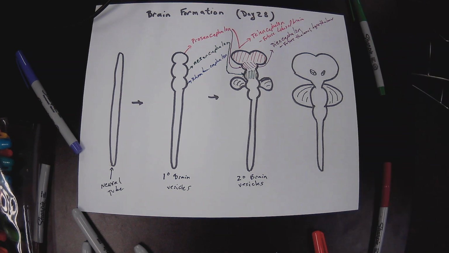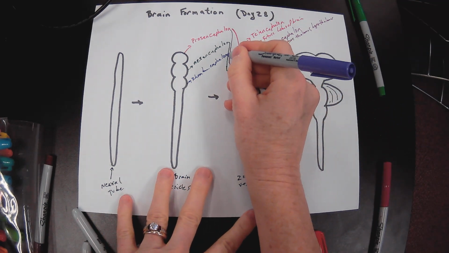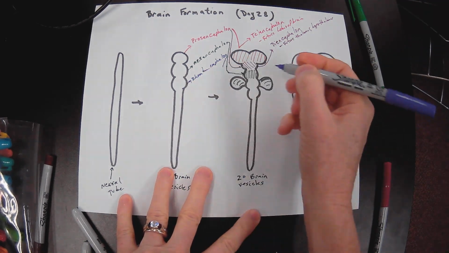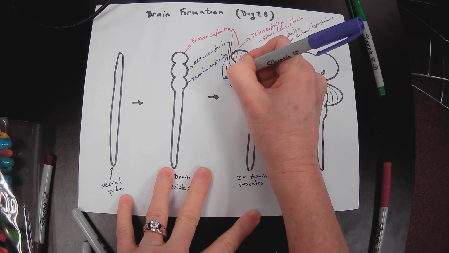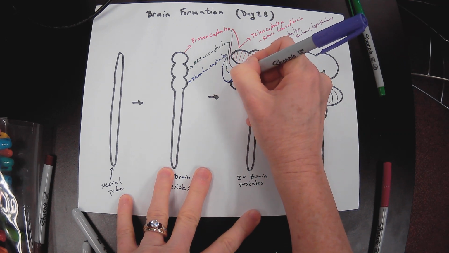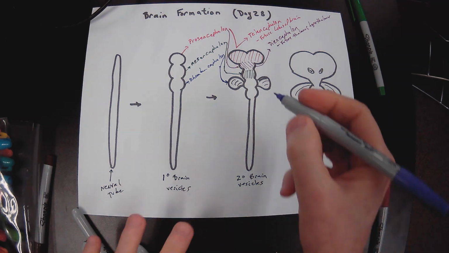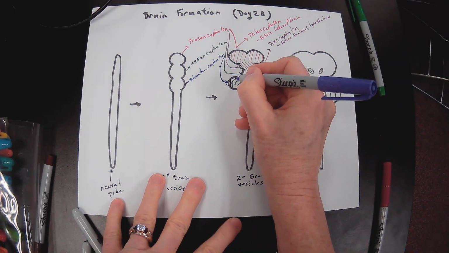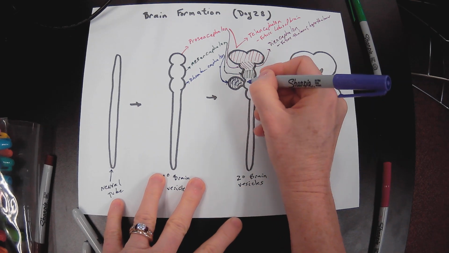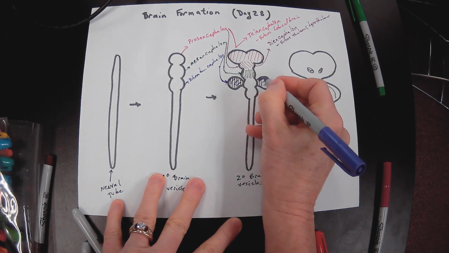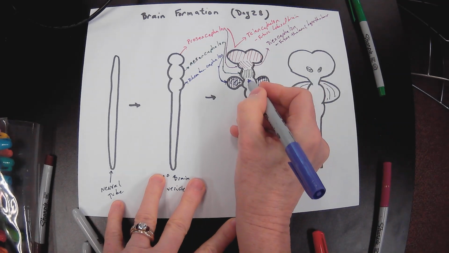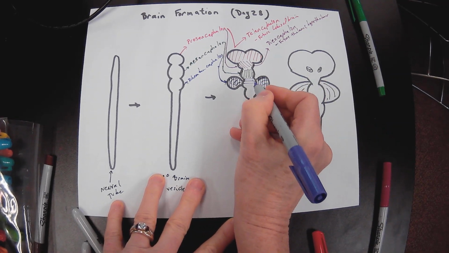And the area where you're going to see the biggest change is in your rhombencephalon. Your rhombencephalon splits, this primary brain vesicle splits into 2 different regions. One here, it's going to become this region here.